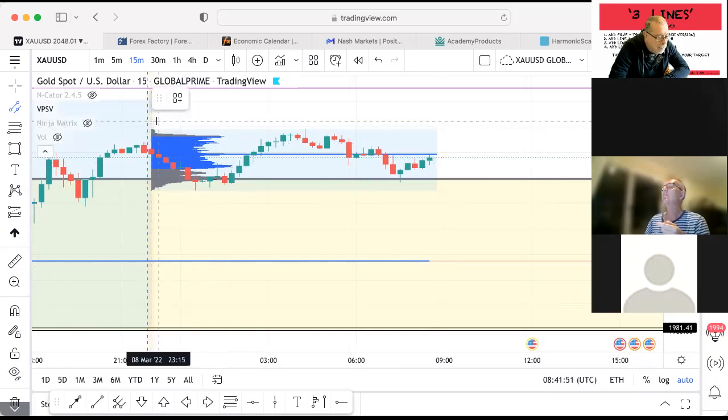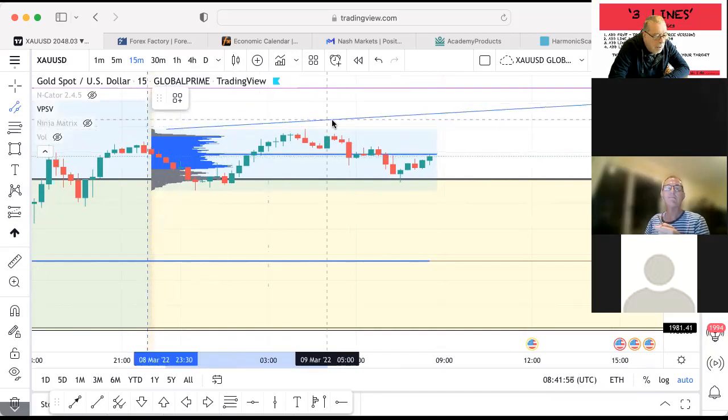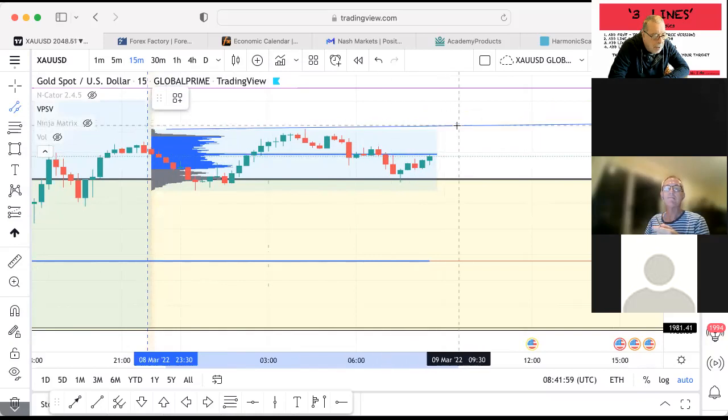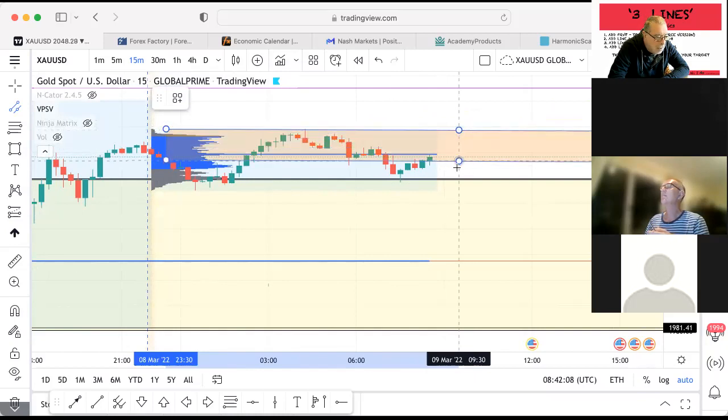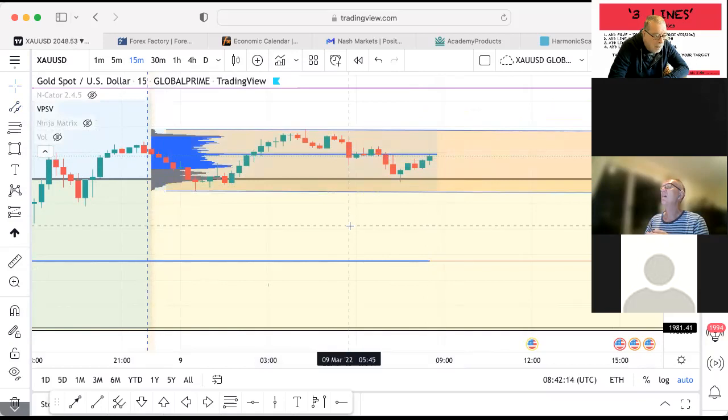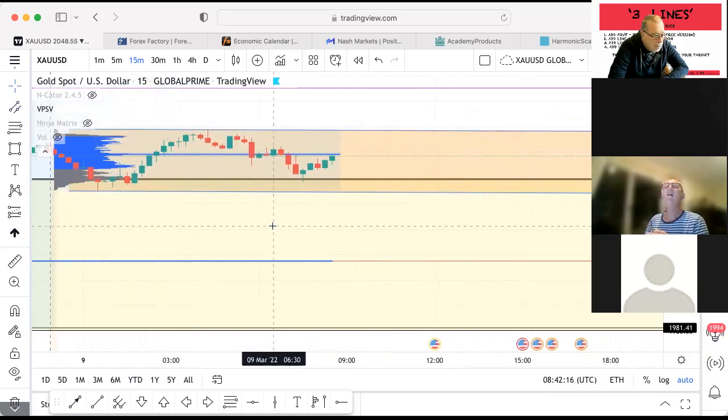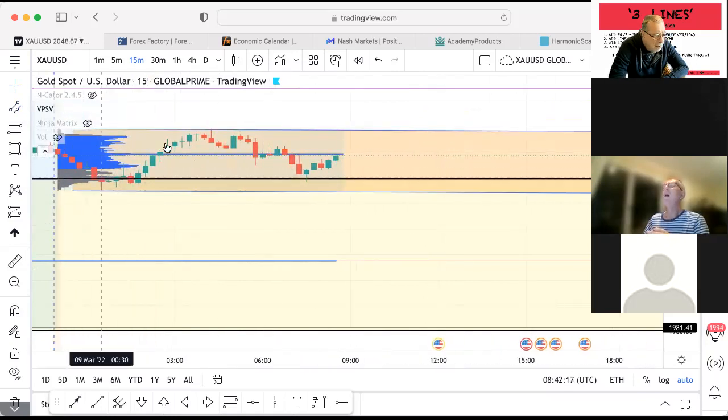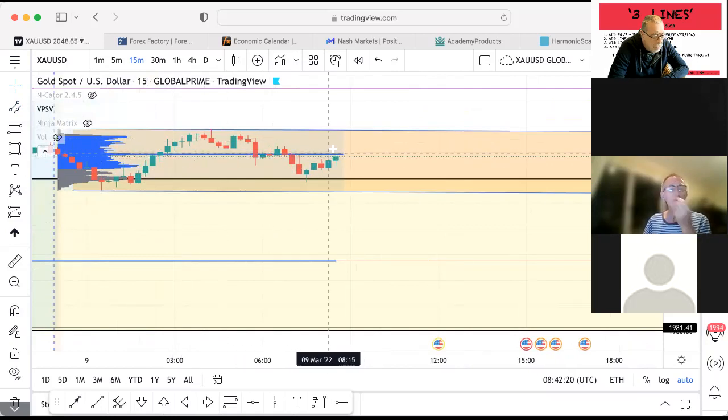If I put my parallel channel at the top of that wick there, and I've got it extended, I just need to draw it horizontally. So that's the top of the parallel channel. And if I take it down to the bottom of that wick there, the price has been moving within that channel all day so far.